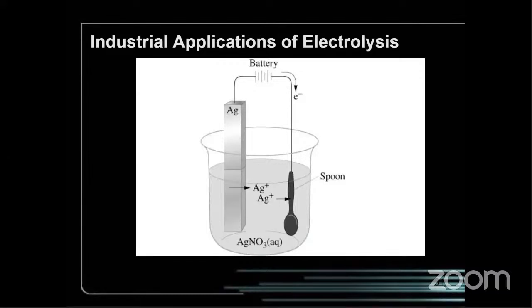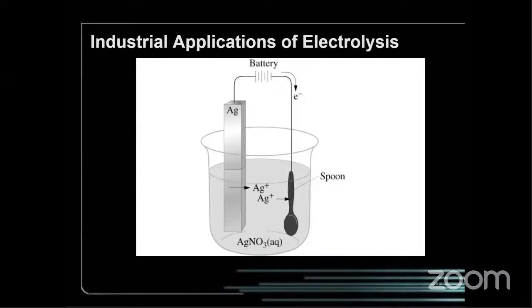When you're doing electroplating, it's very, very simple. Just remember this. Whether you're purifying a metal or doing electroplating, what do you have as the anode? What do you have as the cathode? The cathode is the object to be coated. Write that down. The cathode is always the object to be coated.